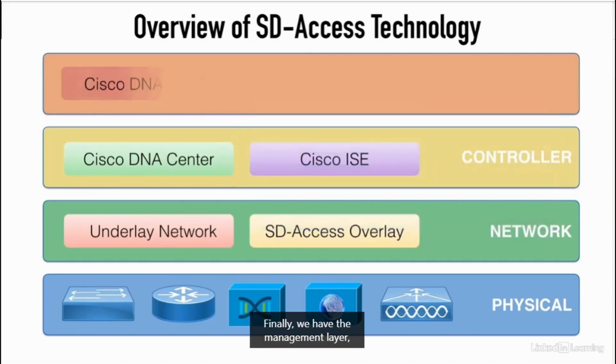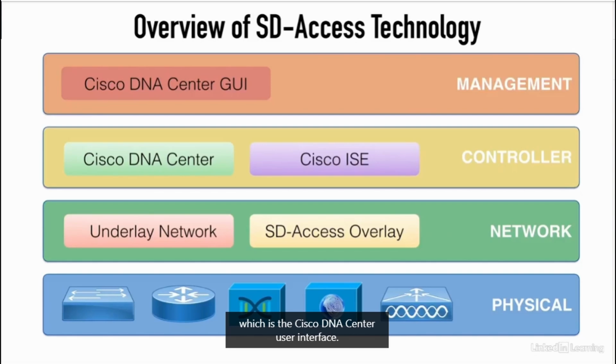Finally, we have the management layer, which is the Cisco DNA Center user interface. This is essentially a centralized dashboard that allows you to view and control your entire network through intent-based networking. The unique thing here is that Cisco DNA Center provides really simple GUI tools for management and deployment, which means that you don't necessarily have to know how to configure each individual network device in order to use this deployment method.